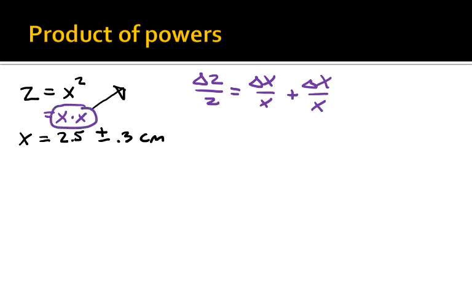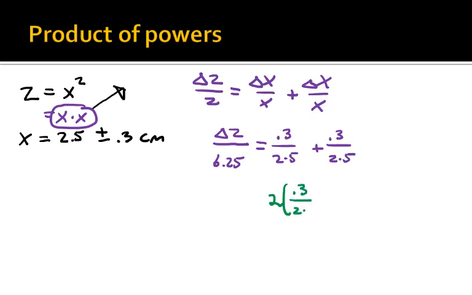So we would have the uncertainty in z over z, in this case 2.5 times 2.5 is 6.25, so 6.25 is equal to the uncertainty of x, which is 0.3 over 2.5, plus the uncertainty of 0.3 over 2.5. And if we do that, really what this is, right, is just 2 times 0.3 over 2.5.